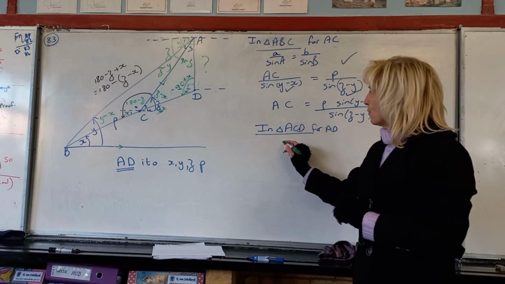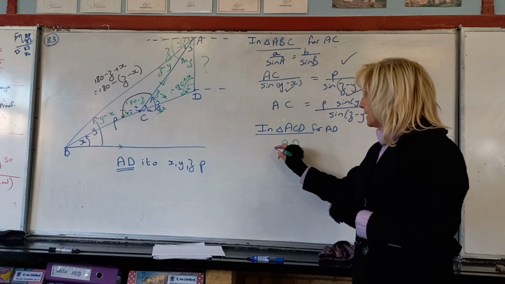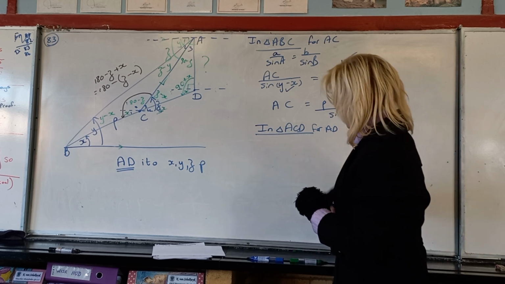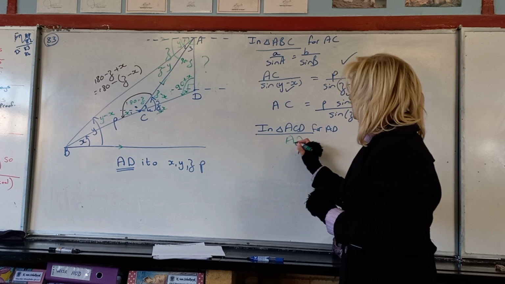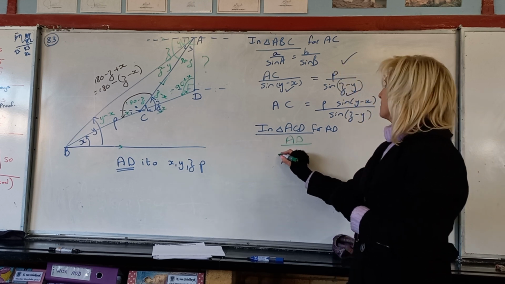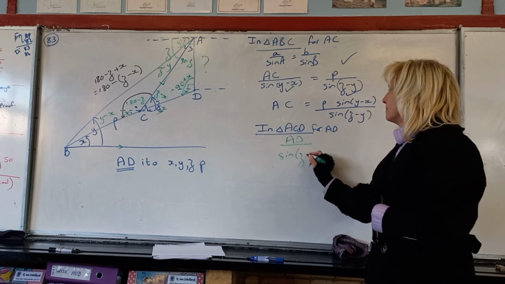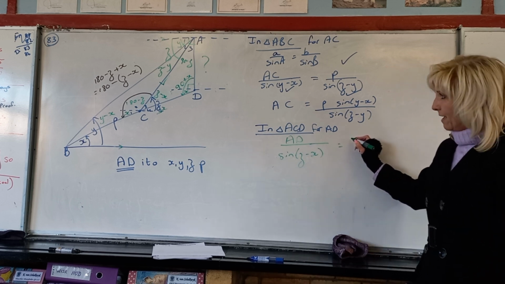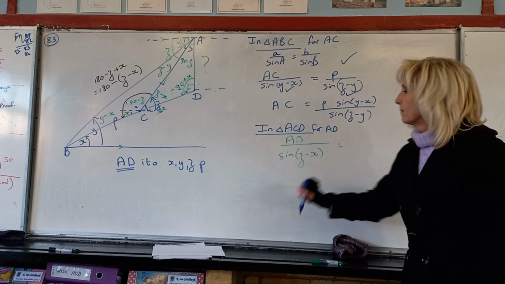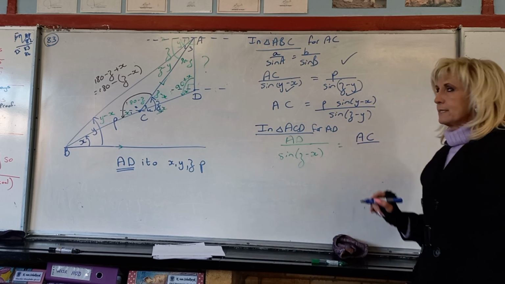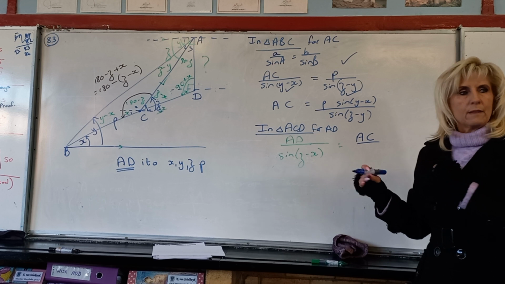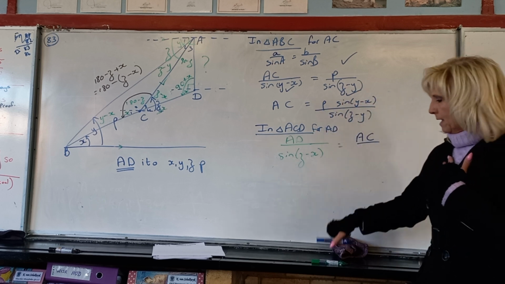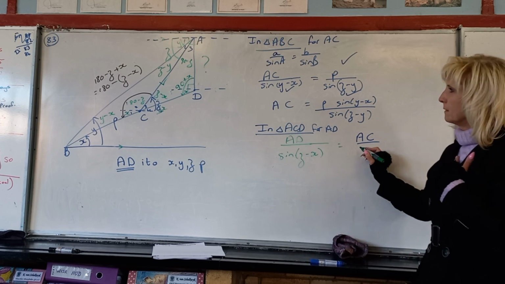The side that you're looking for is AD over sin Z minus X. And the side that you have is AC. You can immediately put it in there. I just like to write it first and then substitute with this terrible thing. So it's AC over the partner.